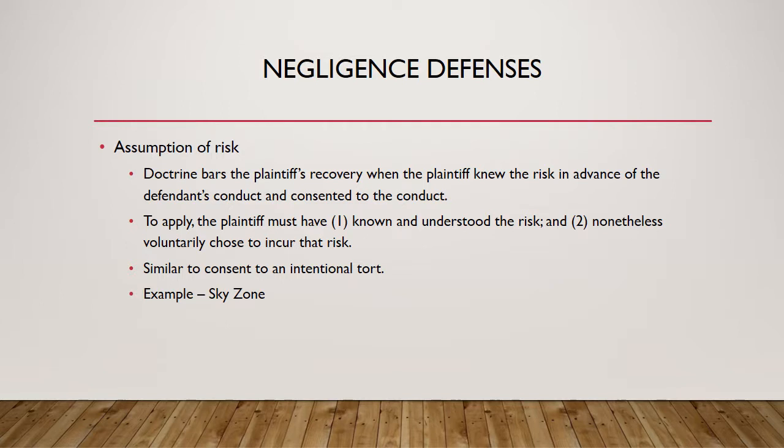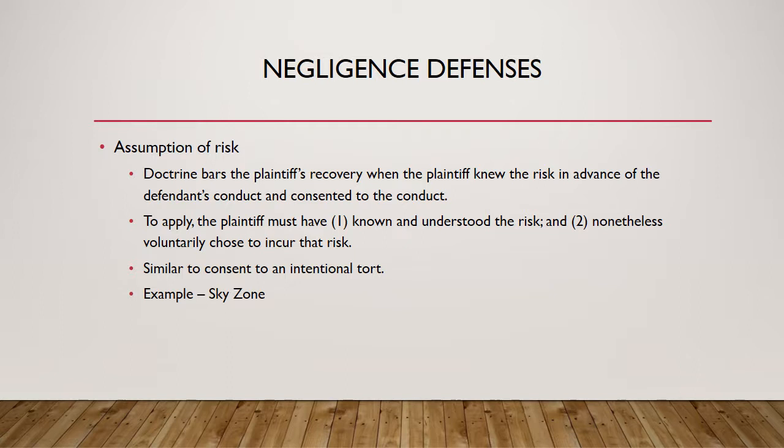The example is Sky Zone. Sky Zone in Jackson. You may not have one where you live, but a Sky Zone is a trampoline park, I guess is the right word. They have trampolines. You can go in, you can jump and dunk basketballs. You can jump into a foam pit, but there's an element of risk involved in jumping in those places. And so you know the risk, you've confronted that risk, and you've agreed to take that risk by going in and jumping.